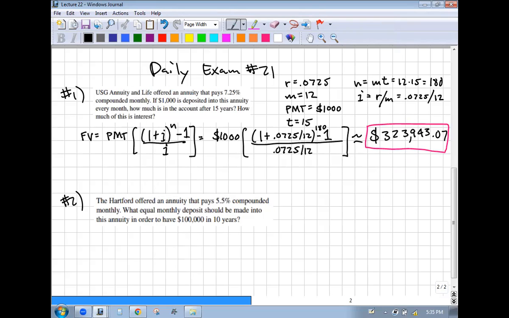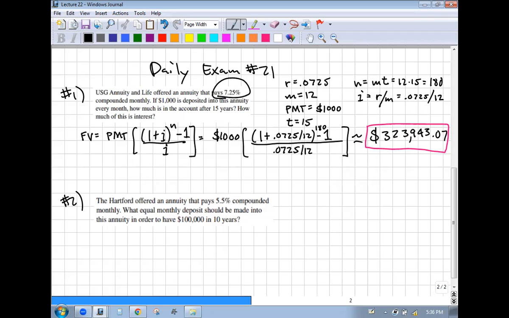When you get a number, the first thing you want to do is look at it and ask, does that seem reasonable? I paid $1,000 a month for 15 years. That's 180 total payments of $1,000. So my principal, the amount that I put in, has been $180,000, right?